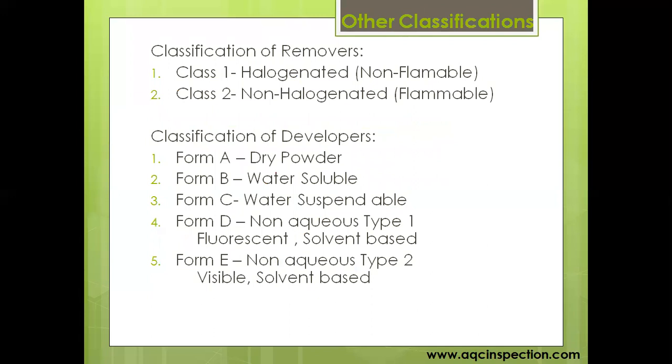The removers are classified into class 1 halogenated, i.e. non-flammable, and class 2 non-halogenated, being flammable. Classification of developers. Developers are classified based on the form of availability. Form A, dry powder. Form B, water soluble. Form C, water suspendable. Form D and E being solvent based, fluorescent, and solvent based, visible, respectively.